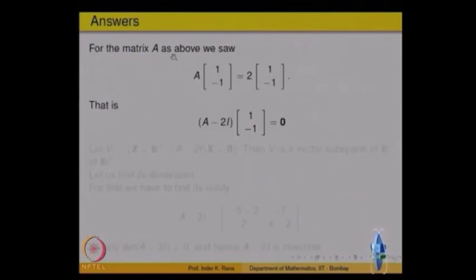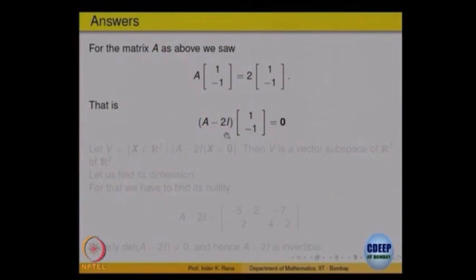So, I am rewriting it: A applied to that vector is 2 times that vector. Let me take it to one side as a matrix equation. When I take it to the other side, what I get is A minus 2 times the identity matrix applied to 1, minus 1 is the 0 vector. I just brought it to one side. I want to make it look like a homogeneous equation.